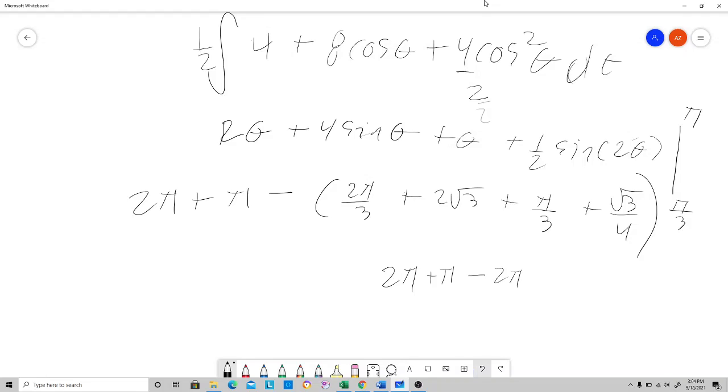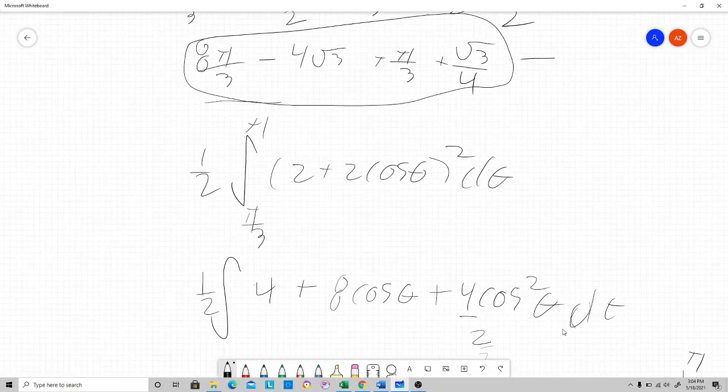Actually, let's combine these two terms. So it'll be 3 pi minus 2 pi over 3 plus 2 square root of 3 plus square root of 3 over 3 plus square root of 3 over 4. And then we have plus, so now we do what we got in the first one.